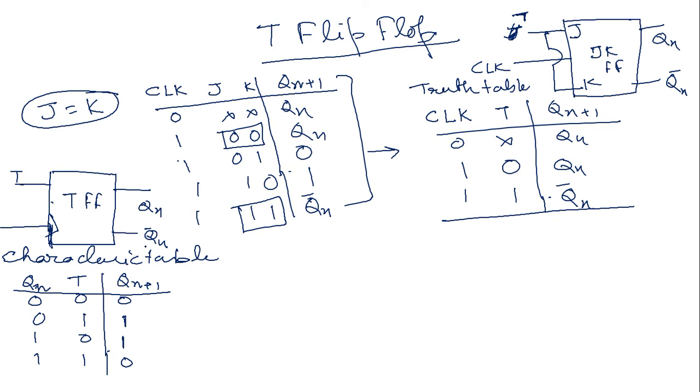And from this table we can directly write the 4-point K-map for Qn plus 1, that is 0 1 0 1 with Qn and T as MSB and LSB, so 0 1 1 0.